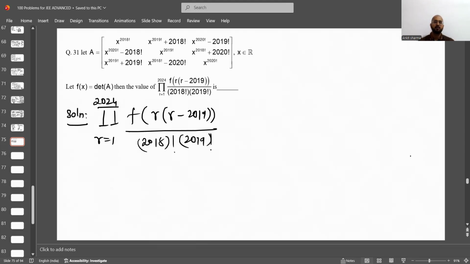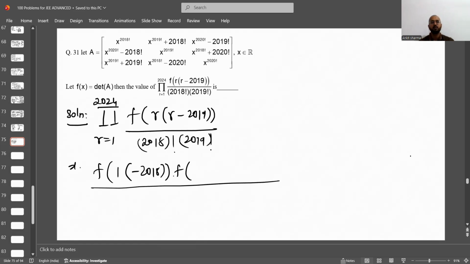So, of course, no one would go and find a determinant for this matrix. I won't go for sure. So first, let's simplify what this turns out to be. Let's open the product and see if we can get something. So this is going to be f of 1 into 1 minus 2019, which is minus 2018, into f of 2, next is going to be this 2018, and all these things are repeated 2024 times.